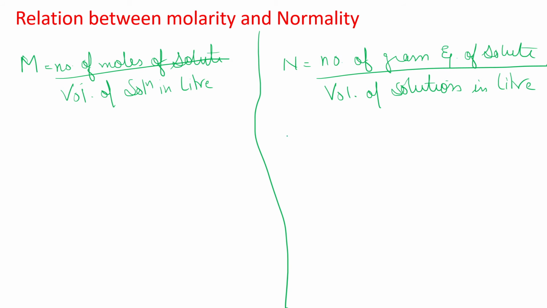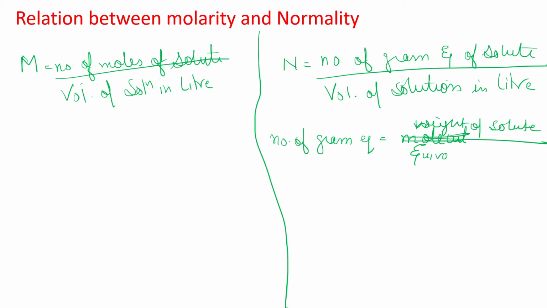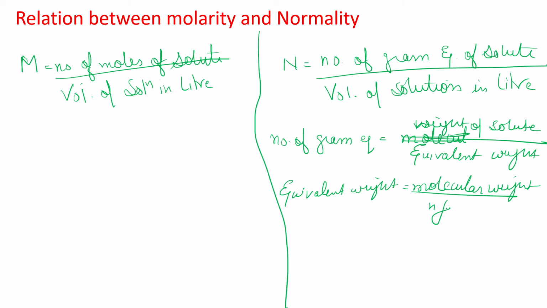So what is this number of gram equivalents? Number of gram equivalents is equal to weight of solute divided by equivalent weight. Now, what is equivalent weight? Equivalent weight is equal to molecular weight by n factor.